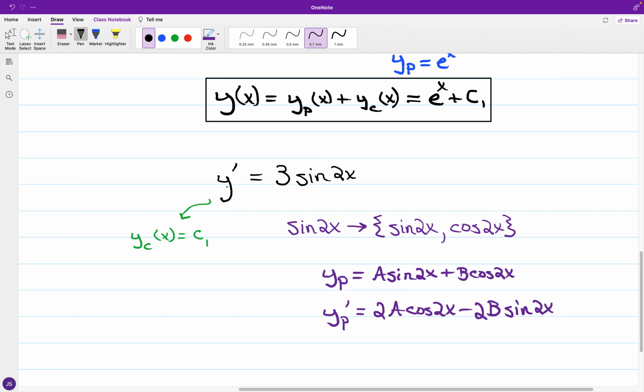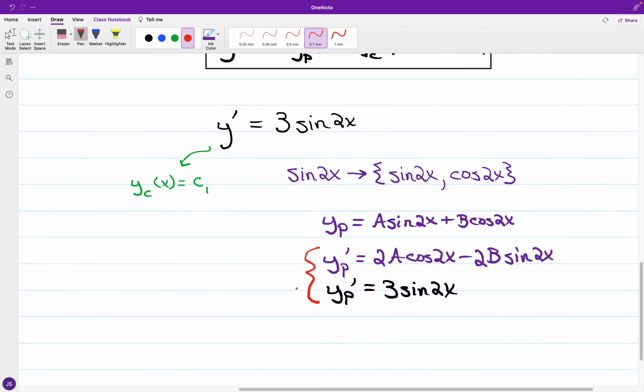And again, for what we have with y prime, if I put this in the framework of y sub p prime, I can say that y sub p prime is equal to 3 times the sine of 2x. And so we have this coexistence of expressions that define the first order derivative of y sub p.